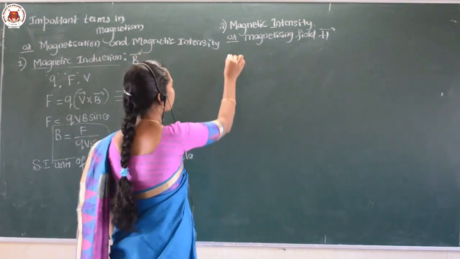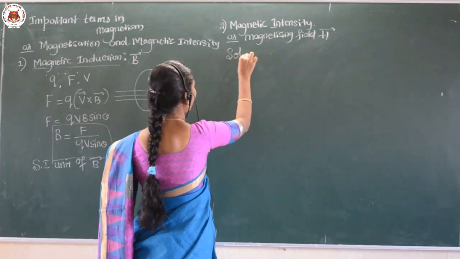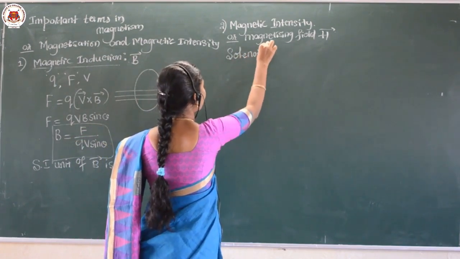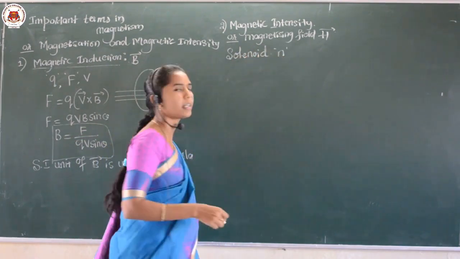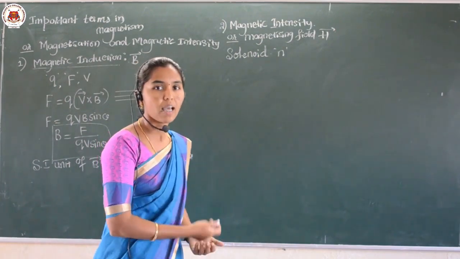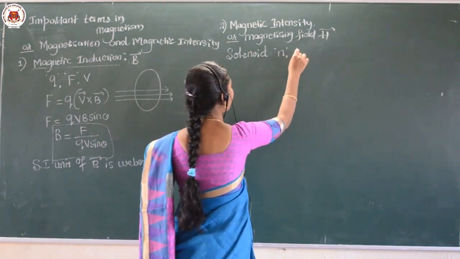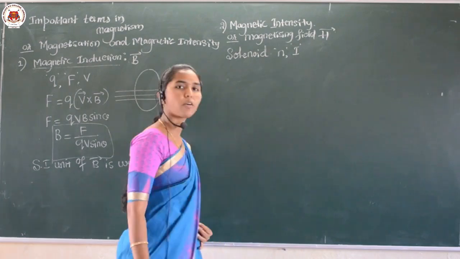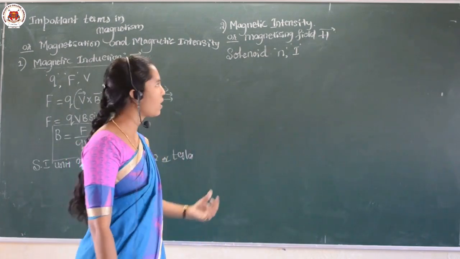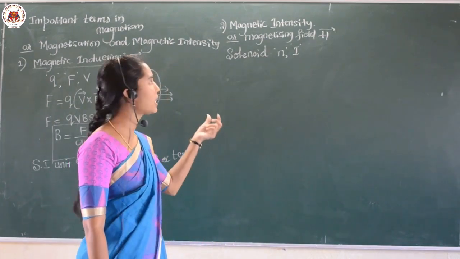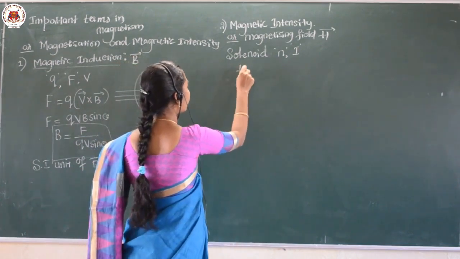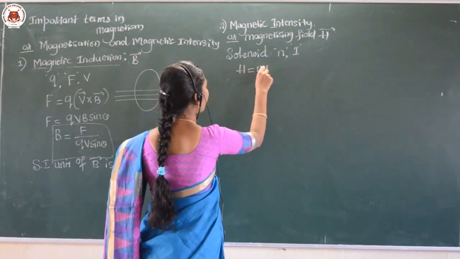Assume there is a solenoid consisting of n number of turns per unit length, and I is the current flowing through the solenoid. Then the magnetizing field is given as H is equal to nI.